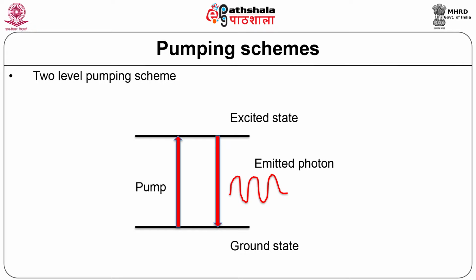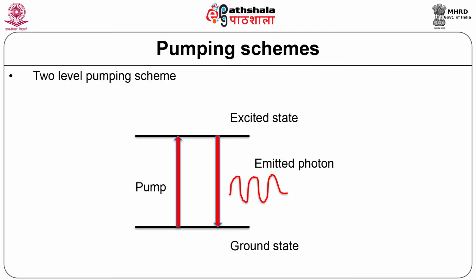The number of photons incident on the particular material will generate a large number of photons, which are again multiplied, and through the semi-transparent mirror these photons are emitted out. So, suddenly a large number of photons are emitted out and hence a pulse is generated. In the diagram, you can see a 2-level pumping scheme.